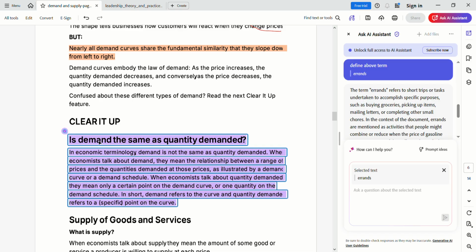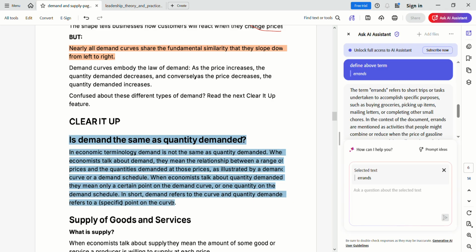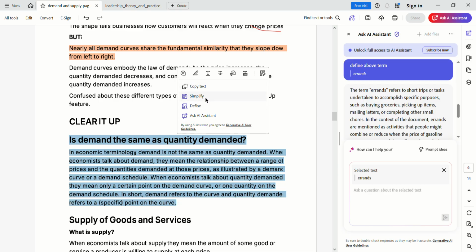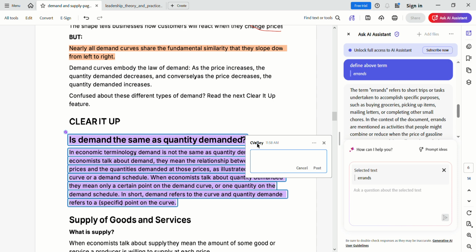That is your simple assignment. Differentiate between demand and quantity demanded.